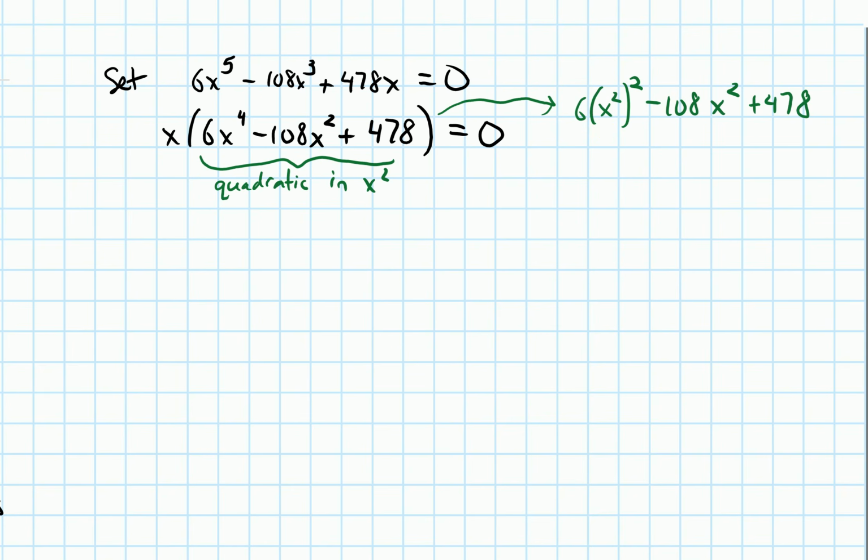So what I'm going to do now is use the quadratic formula, except instead of writing x equals negative b plus or minus square root, I'll write x squared equals negative b plus or minus square root.